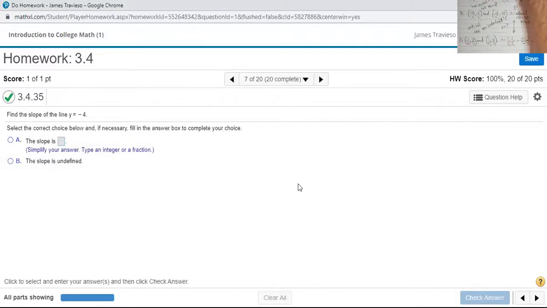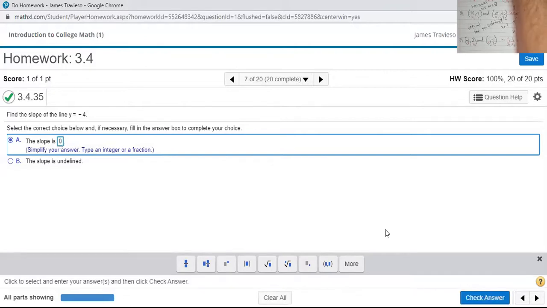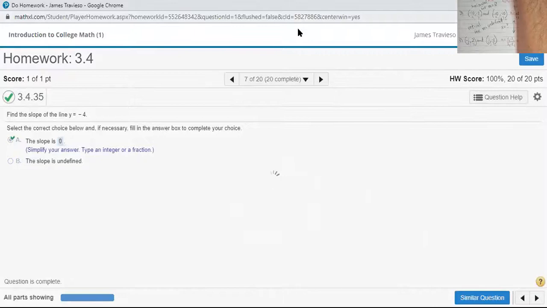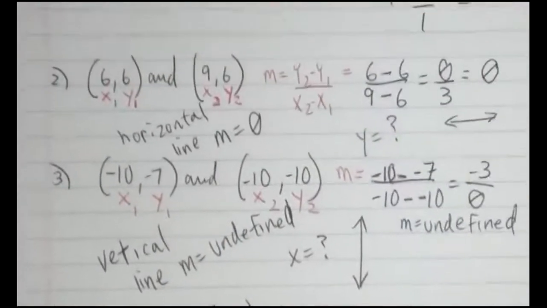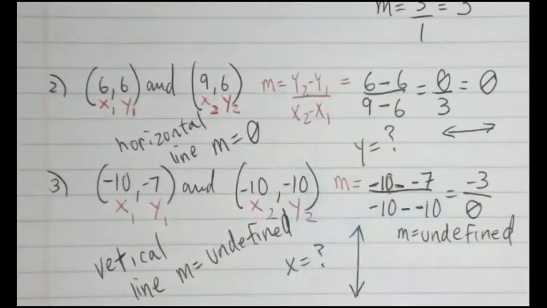What do we say if it's a horizontal line? A horizontal line has a slope of 0. And again, that's kind of what we were doing over here. Okay, horizontal line is going to be y equals some number. The horizontal line, our slope is going to be 0.